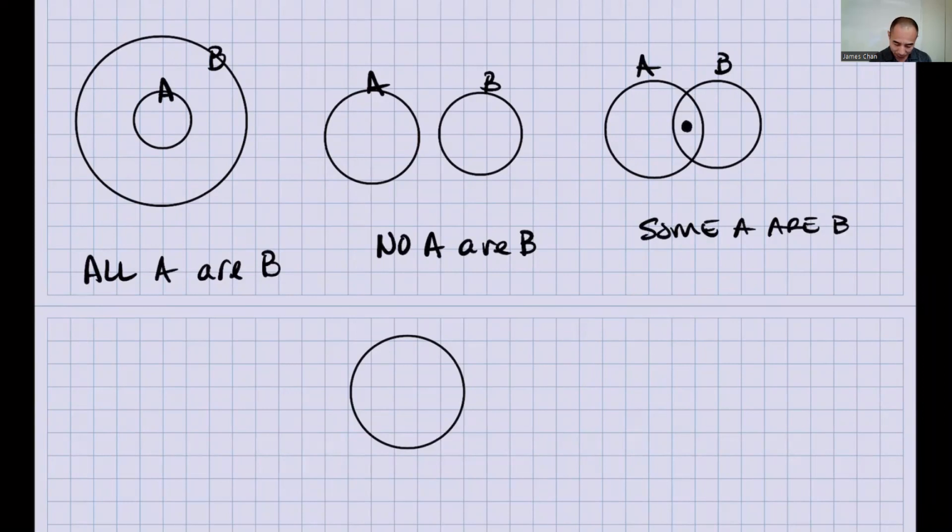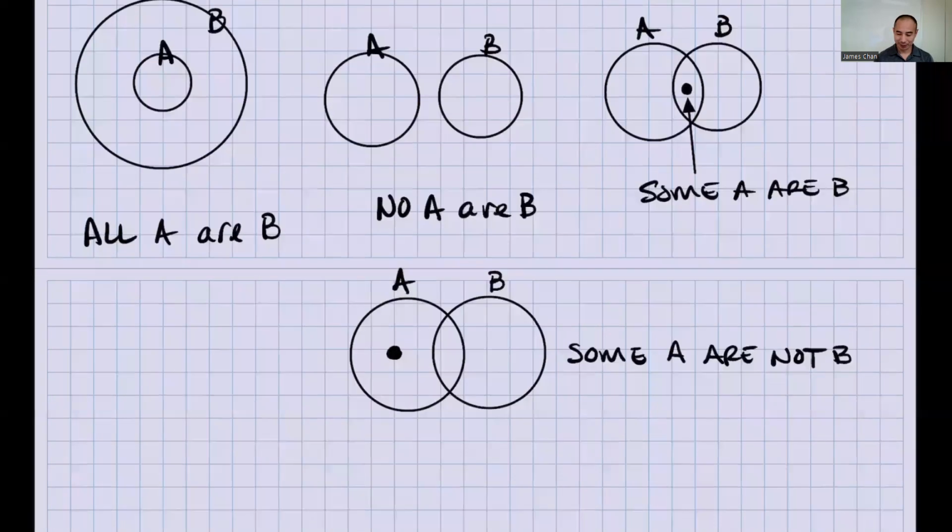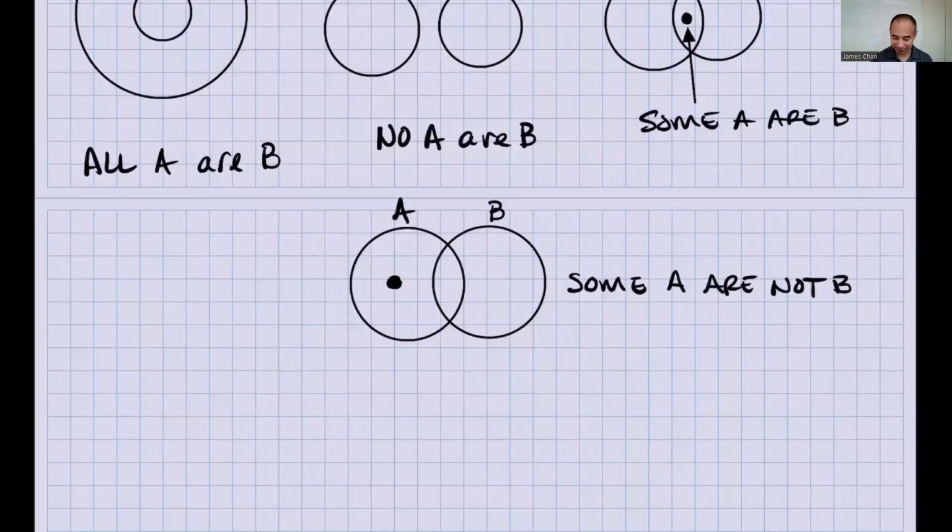But what if I have the same thing, but I'm talking about this piece here? Some of A are not B, right?